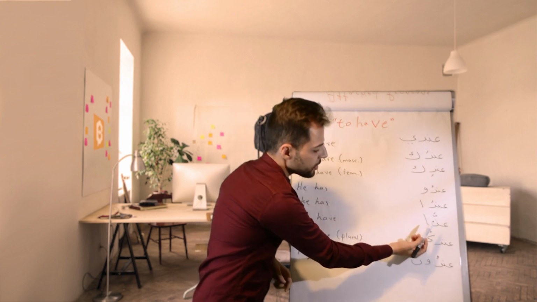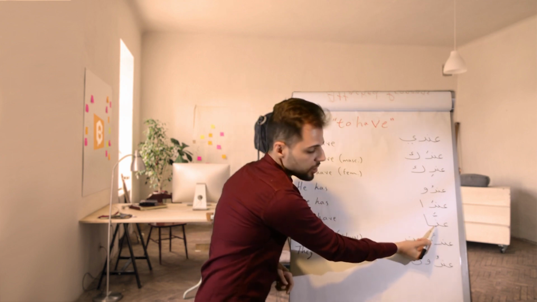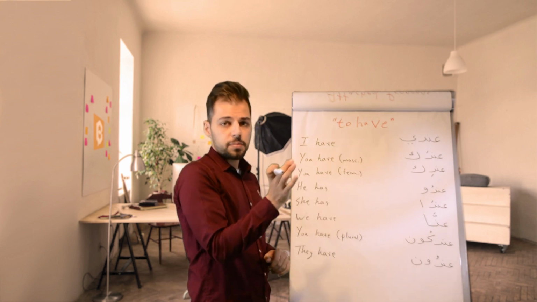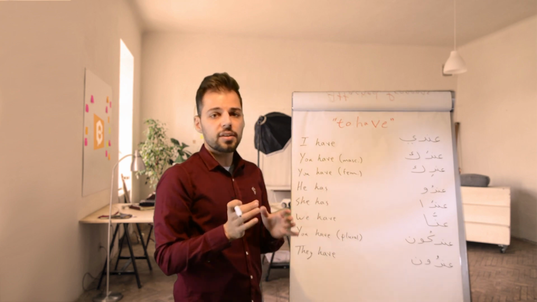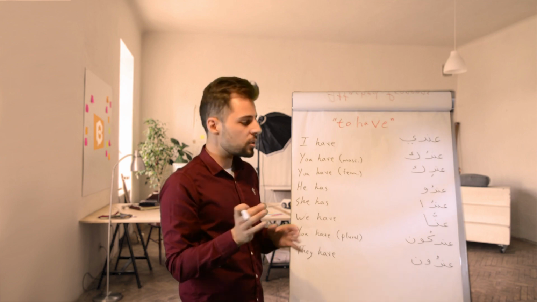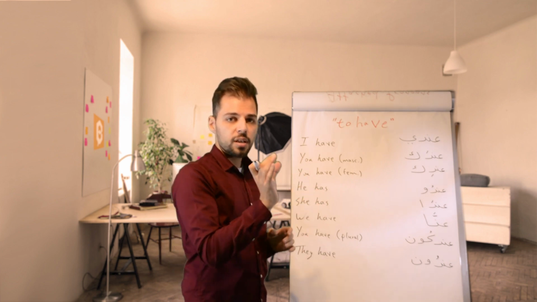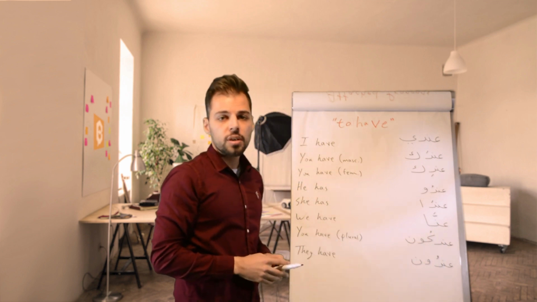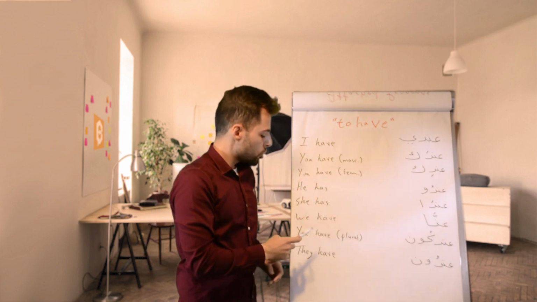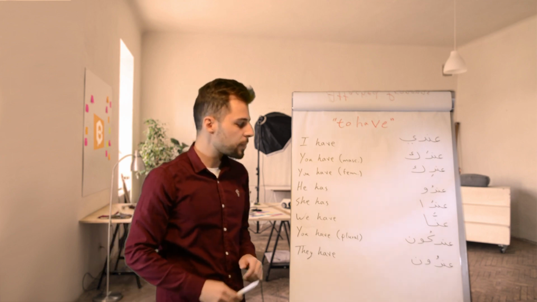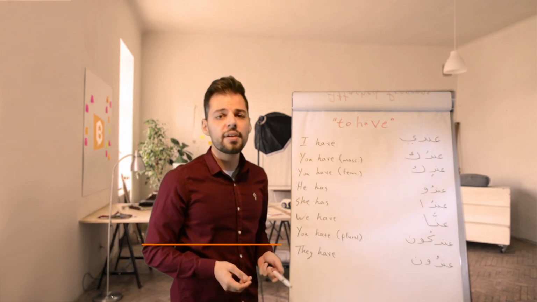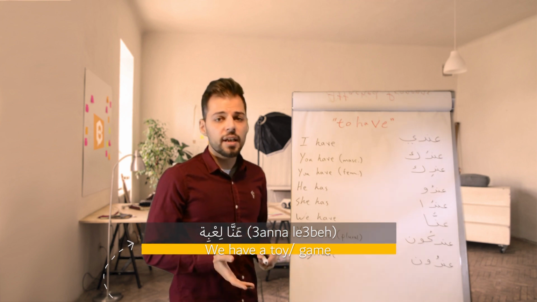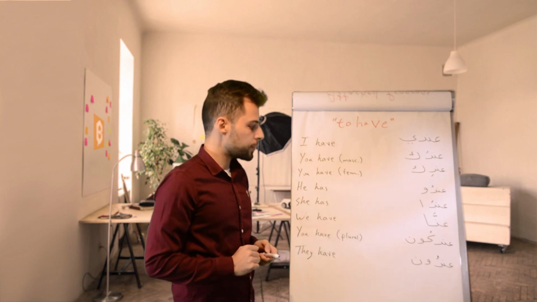With a stressing on the noon, because we have the suffix na and the noon from عند, so it's two noons together, so it's one stressed noon. So it's عنا, we have. For example, we have a game, عنا لعبة.